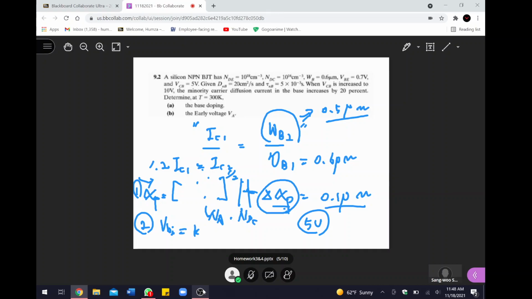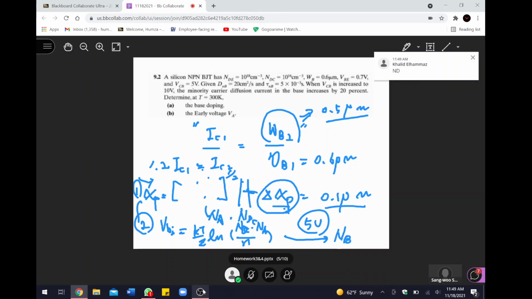This is also kT over q, times the natural log of the collector doping times the base doping over ni squared. Now you have these two equations, and if you correlate them, you can calculate the base doping concentration, Na.